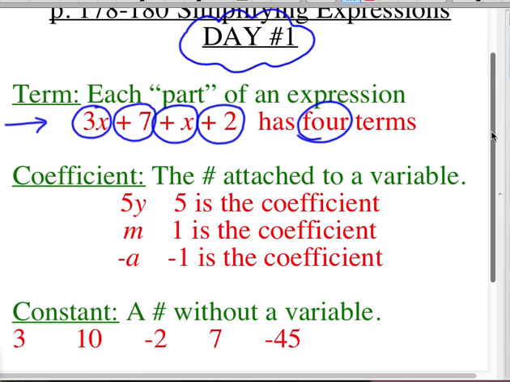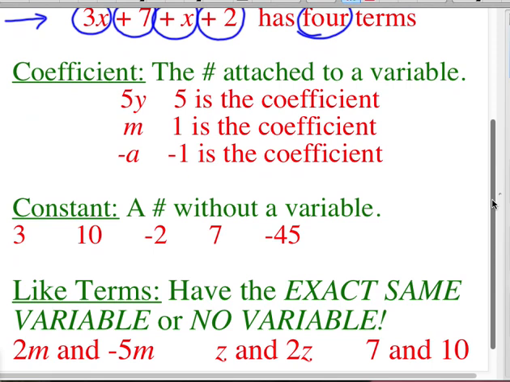The next word sounds like such a really smart math word. It's called coefficient. A coefficient is actually a really fancy word for a very easy idea. A coefficient is the number that's attached to the variable. Now remember that variables are letters of the alphabet.